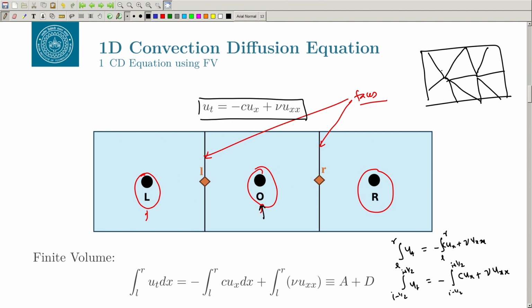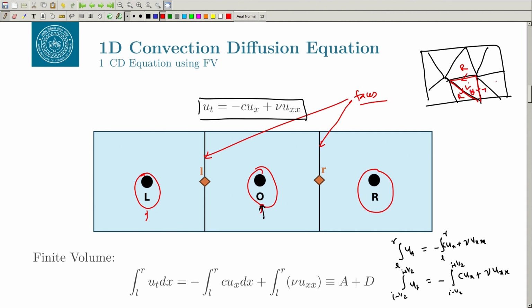Let us select one particular cell, this is my cell, and it depends on your convention. Let us say I am doing it this way. If you are going along this edge, this is my left cell, this is my right cell, and for this edge it is the same thing, this is left cell, this is right cell. For this edge, this is my left and this is my right.